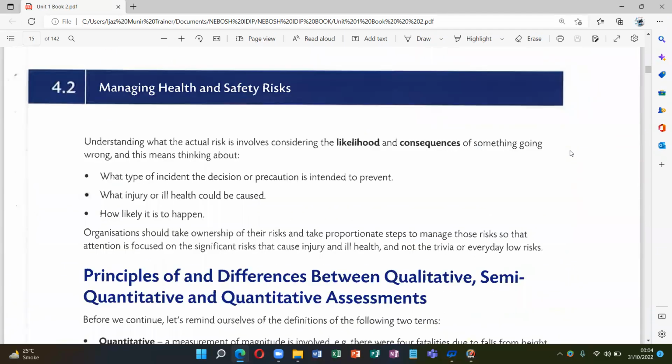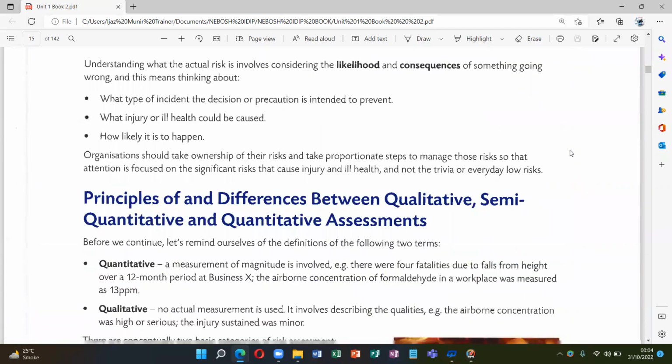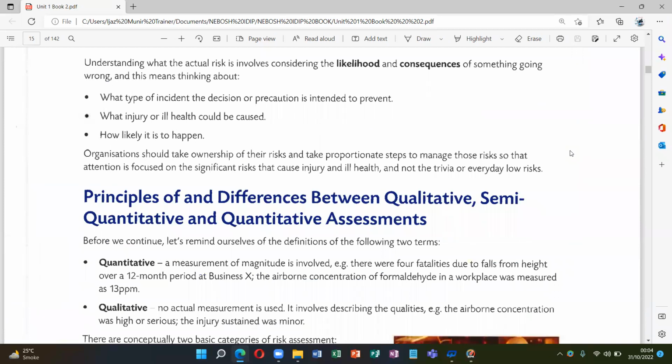Managing health and safety risk. Understanding what the actual risk is involves considering the likelihood and consequences of something going wrong, and this means thinking about what type of incident the decision or precaution is intended to prevent, what injury or ill health could be caused, and how likely it is to happen.